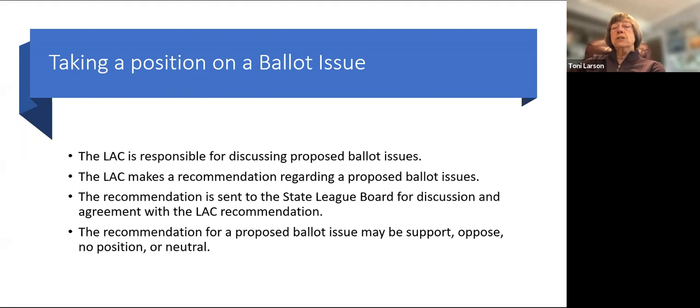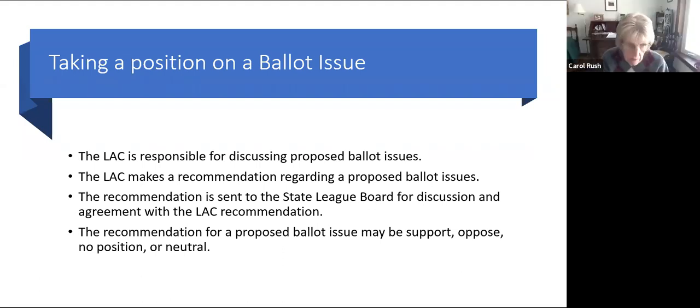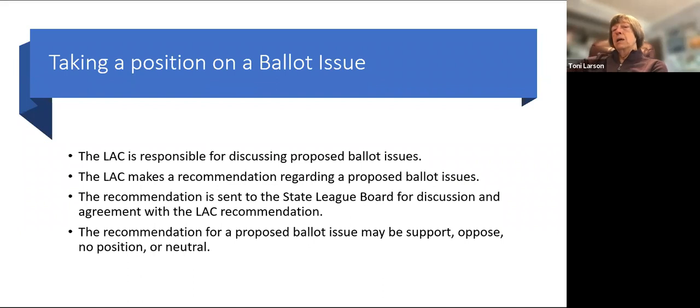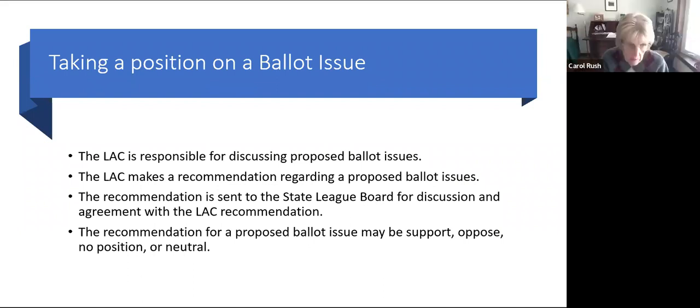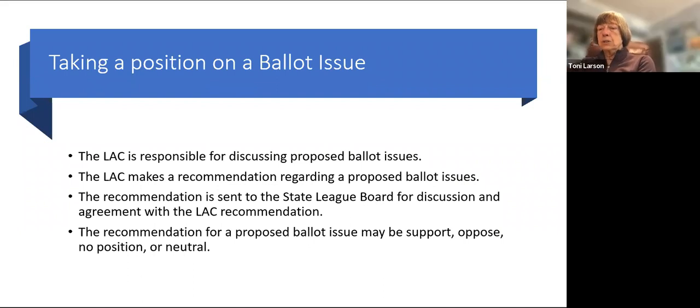So the recommendation for a proposed ballot issue may be support, oppose, no position, or neutral. The LAC makes a recommendation, which goes to the state board, and the state board discusses, and they can do what the recommendation is, or they can make some suggestions and refer it back to the LAC if they want further discussion.